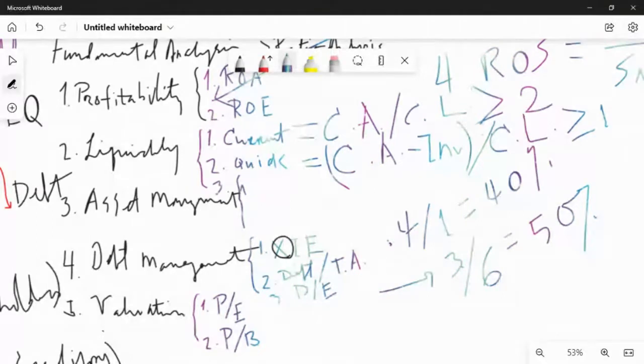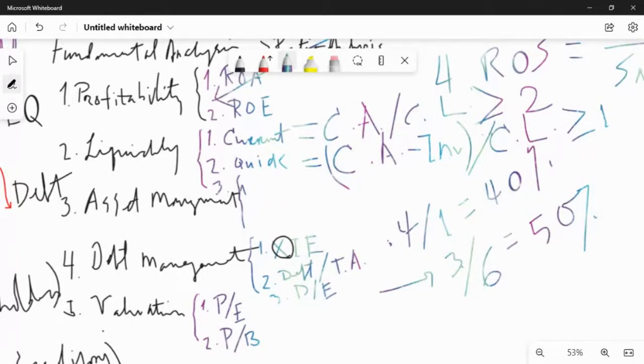You're safe, you're okay for now, but you better bring up the current ratio to the industry average level, right? Because that's the benchmark, and if you're underperforming the average, then by any common sense, that's not good.